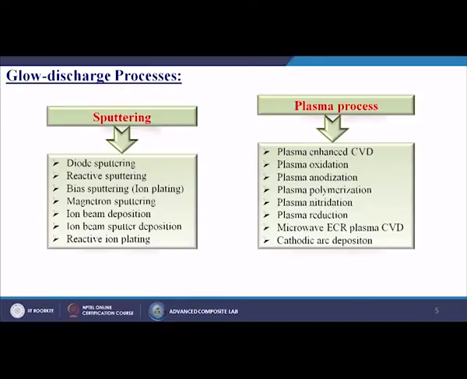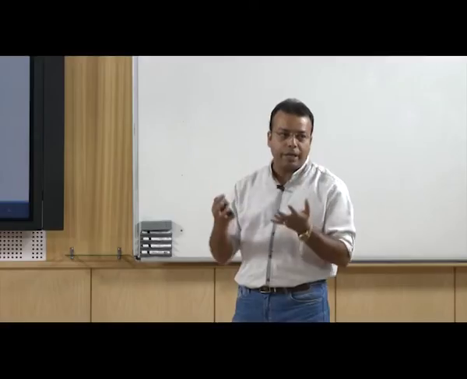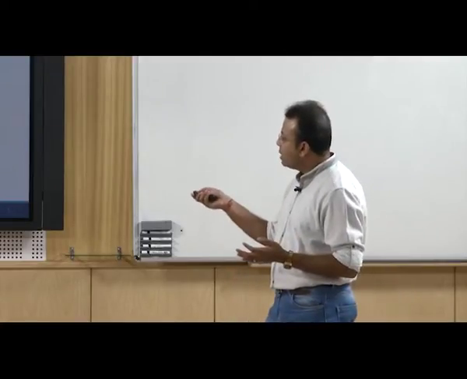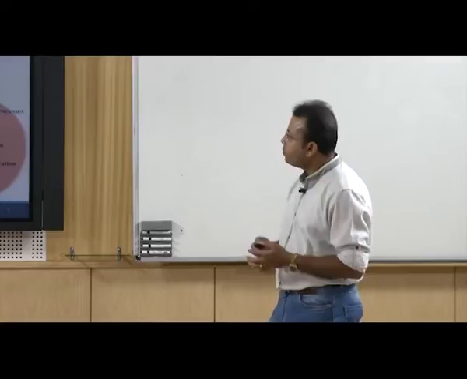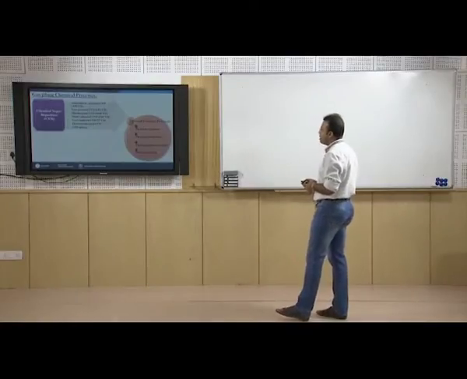Plasma enhanced, plasma oxidation, plasma anodization, plasma polymerization, plasma nitridation, plasma reduction, microwave ECR plasma CVD, and cathodic arc deposition. From these slides we can see that depending upon the energy, that is how we give different energy, the techniques vary into two parts. Next is the gas phase chemical process.